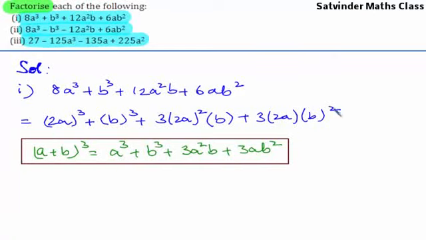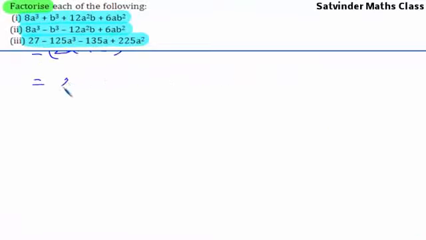Therefore, this expression can be written as 2a plus b whole cube, which is nothing but 2a plus b into 2a plus b into 2a plus b.